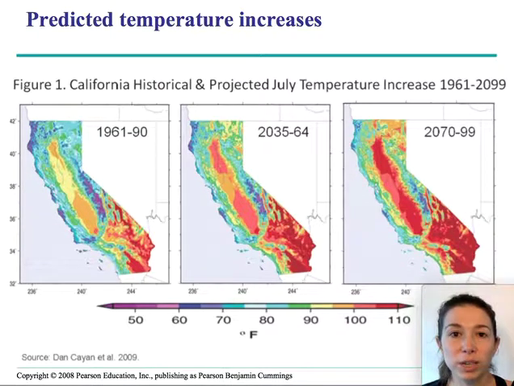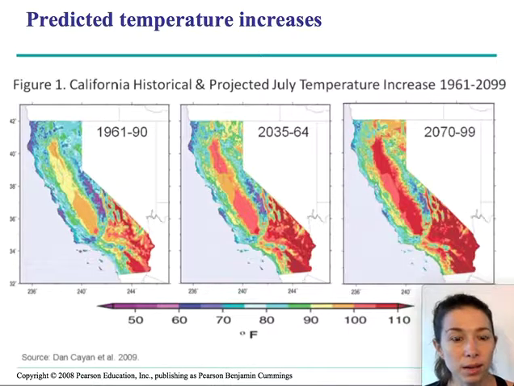We also can predict what the temperature will be in the future based on these models. So here's California, where presumably you are residing, and let's look at a projection of the temperature over time for the next 50 to 100 years.